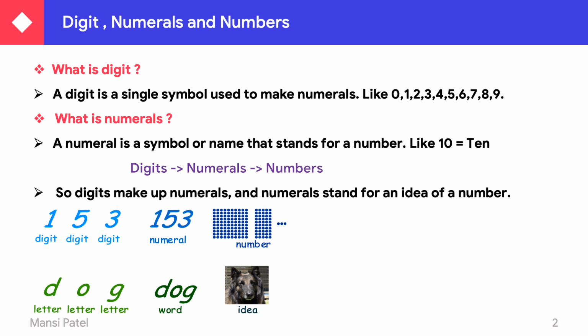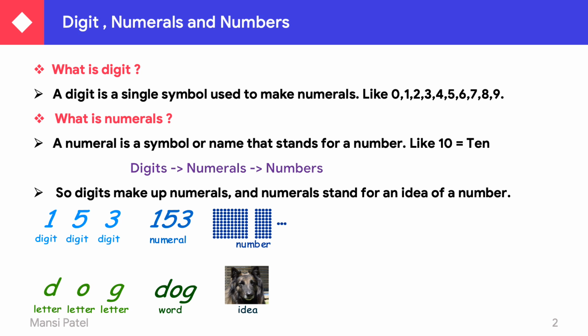See here, 1, 5 and 3 are three different digits, but if we write down these digits together, then it forms a numeral, and this numeral stands for an idea that represents the number. Now see here, if we write down D-O-G, then these are considered as letters.